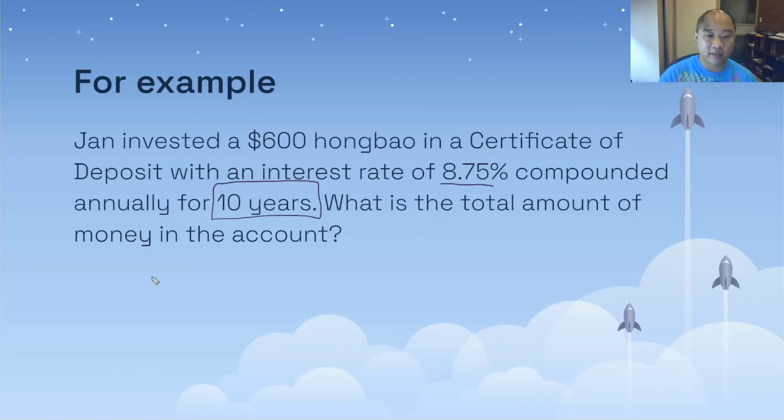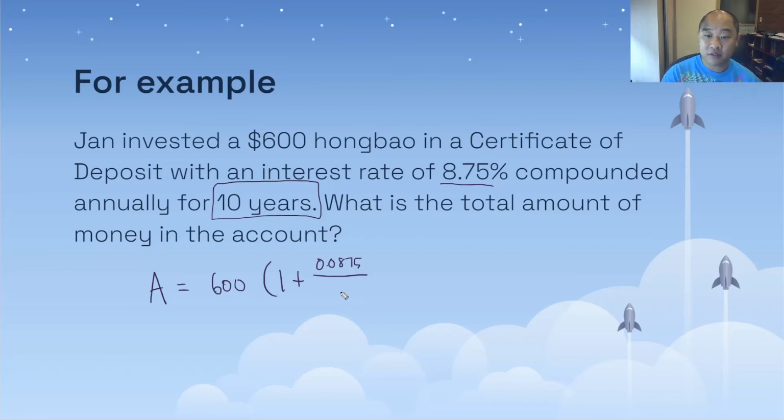So let's take a look at our equation. Our compound interest is equal to the principal, which is $600, multiplied by 1 plus the rate, which is 0.0875, over the number of times it compounds in a period.